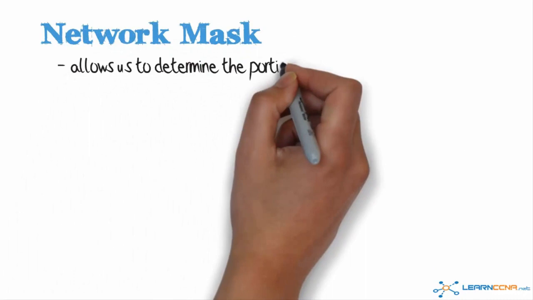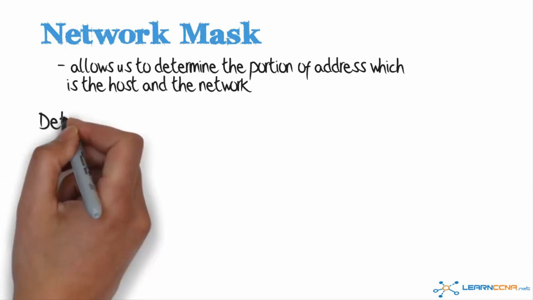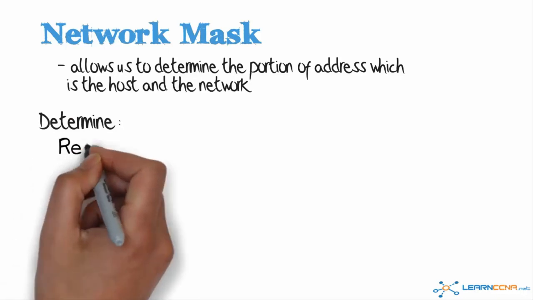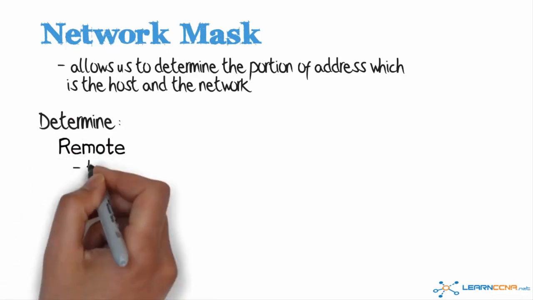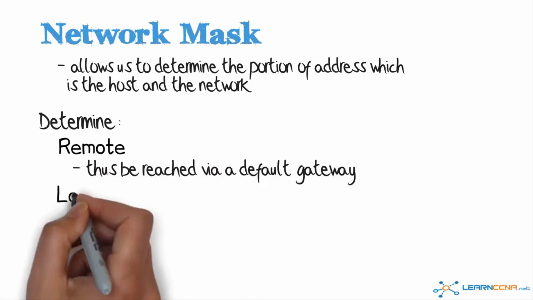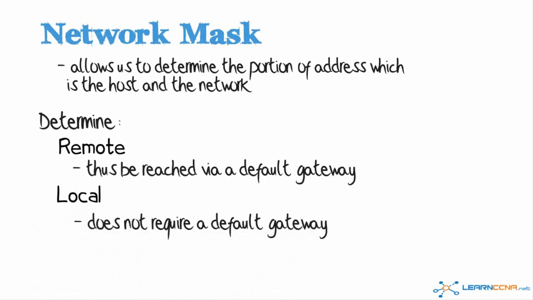A network mask allows a device to determine once again which portion of the address is the host portion and which portion of the address is the network portion. This allows a local PC, as an example, to determine whether the device it wants to communicate with is on a remote network and is thus reachable via the default gateway, or if the device is on the local subnet and therefore does not require the use of a default gateway.